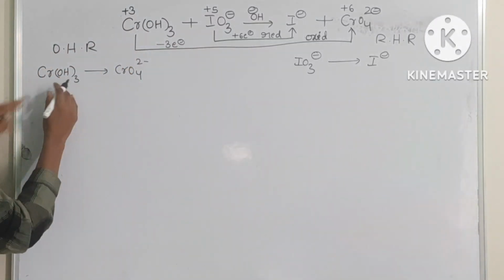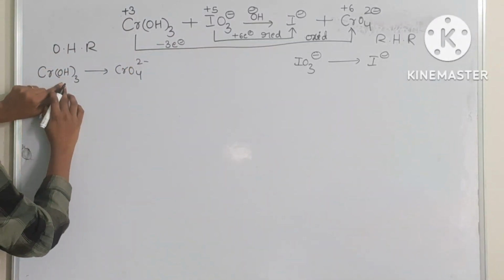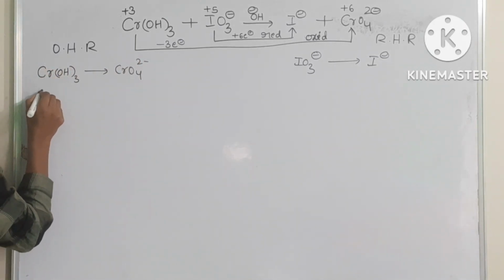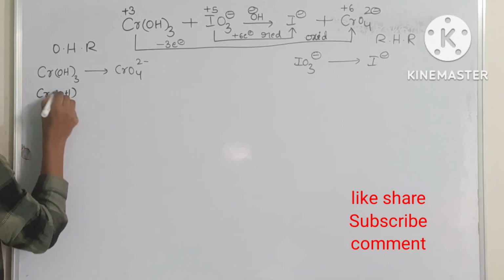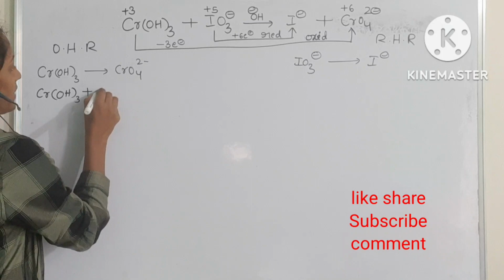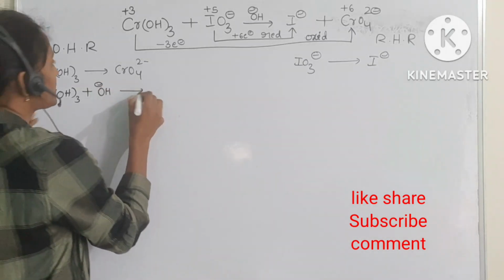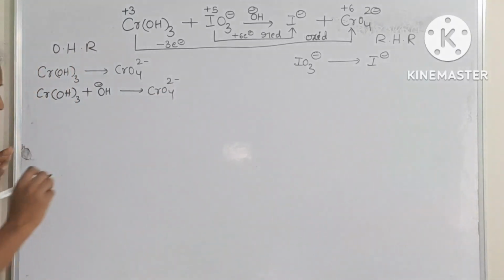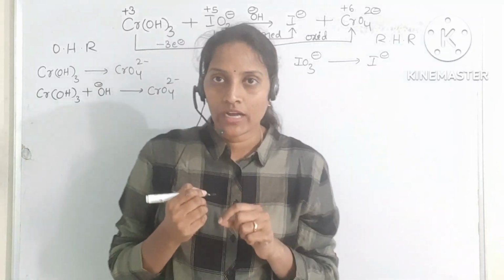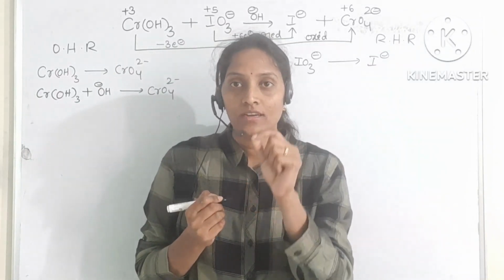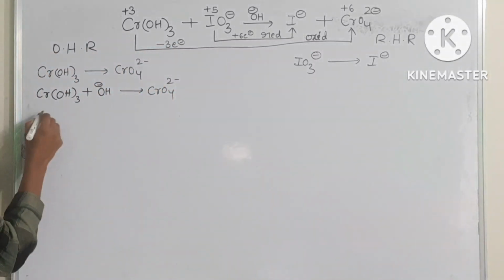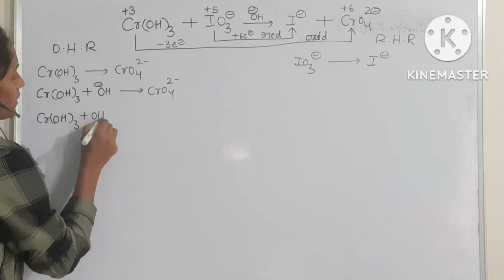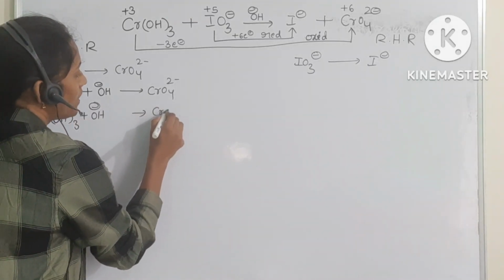Here the left side of the oxidation half reaction has 3 oxygens, and the right side has 4 oxygens. So for balancing the oxygen number, I add 1 OH minus ion to the left side of the oxidation half reaction, giving CrOH taken thrice plus OH minus going to CrO4 2 minus.